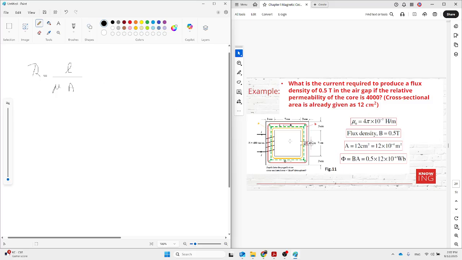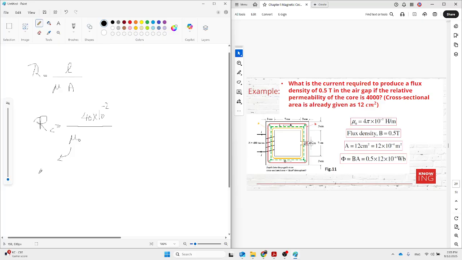Okay, then as you know, the reluctance of the core, with core length 40 centimeter, so 10 to the minus 2 converted to meter. Mu is mu 0. What is the value for mu 0?